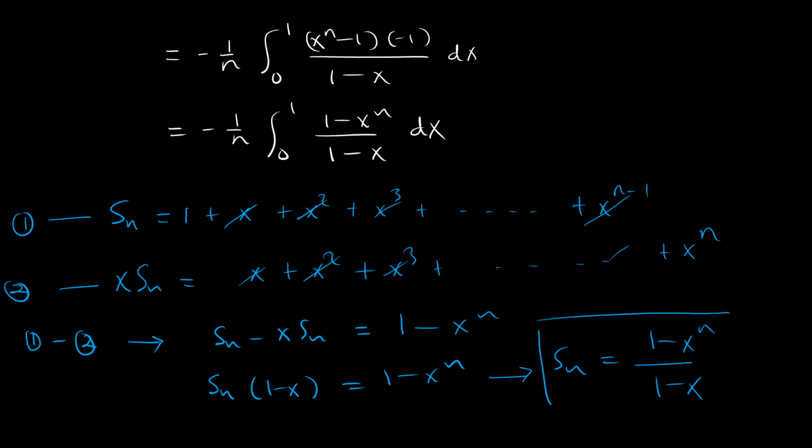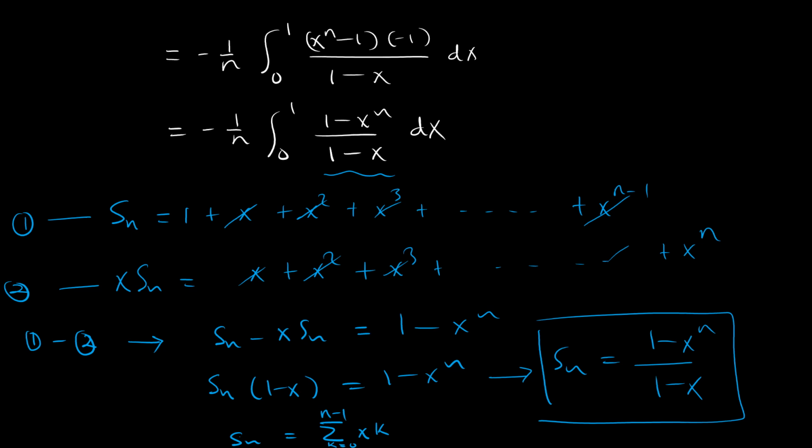So this guy here is essentially what we have here. Okay? And Sn is equal to the summation of x to the k from k equals 0 to k equals n minus 1.